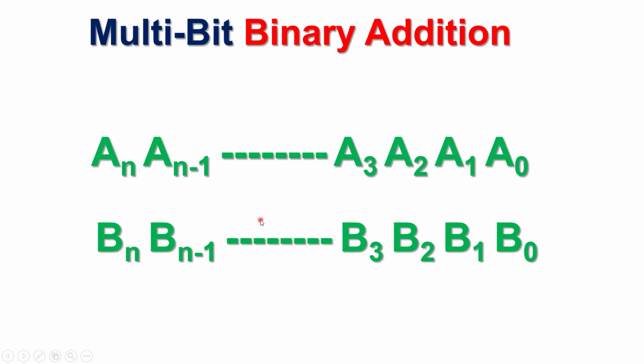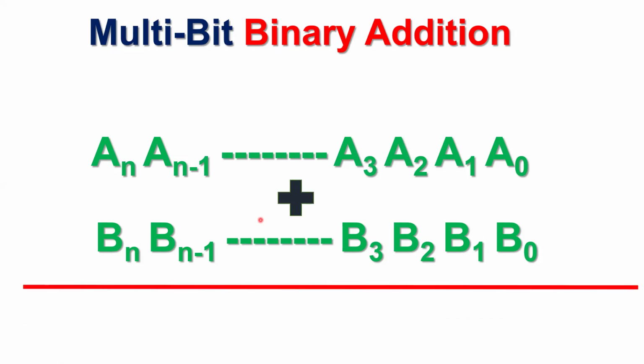Now, we want to add these two numbers. As I said, the n bit could be any word size starting from 4 bit up to 256 and so on and so forth. So the addition of these two numbers will give us the result called sum.